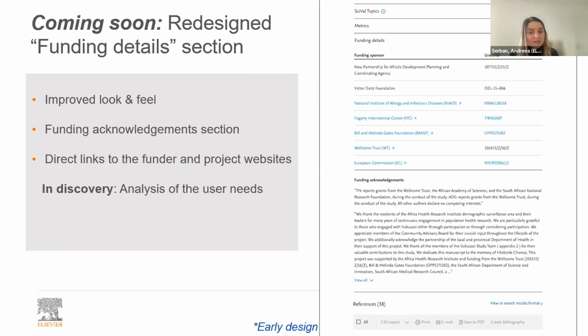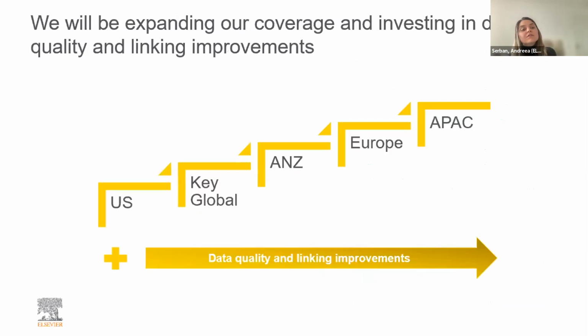Next slide, please. At the same time, in the funding domain, as I said, we are putting a lot of effort into increasing the coverage of the awards on the Scopus researcher profile. And I mentioned that last year we launched a beta version of this, mainly with federal funders in the US.